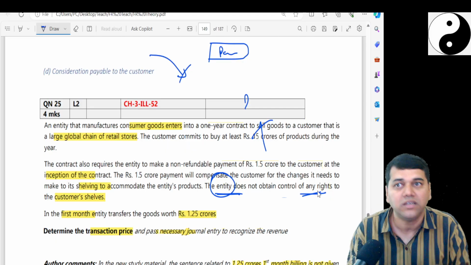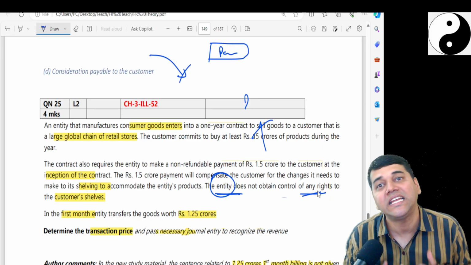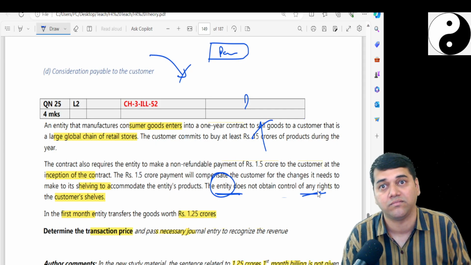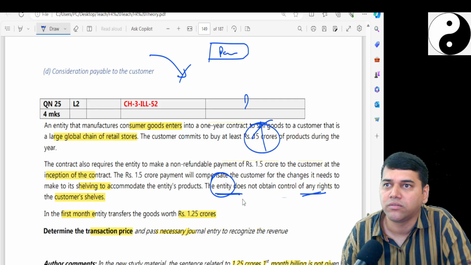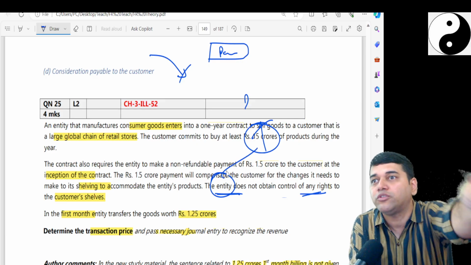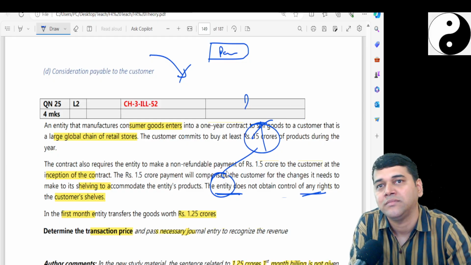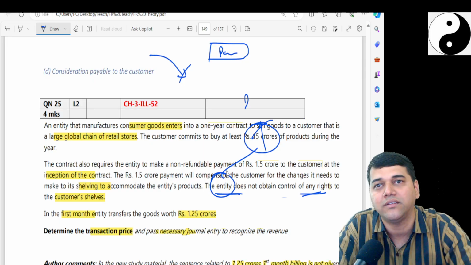That means the 1.5 they paid, they didn't get any special rights there. That is not distinct from what you sell. If you have to use this 1.5 worth of asset, you have to sell to the customer. If you don't sell, that shelf is worthless. You cannot transfer that to some third party.